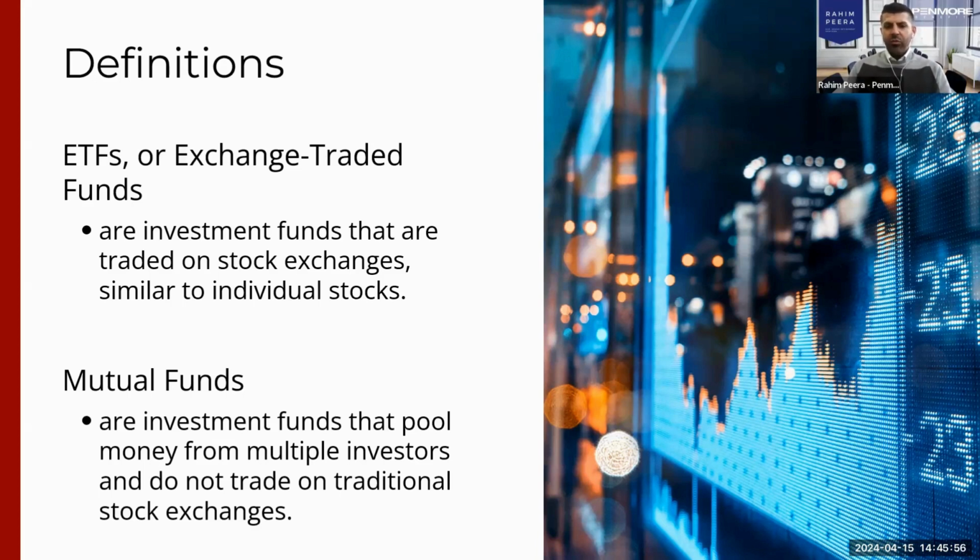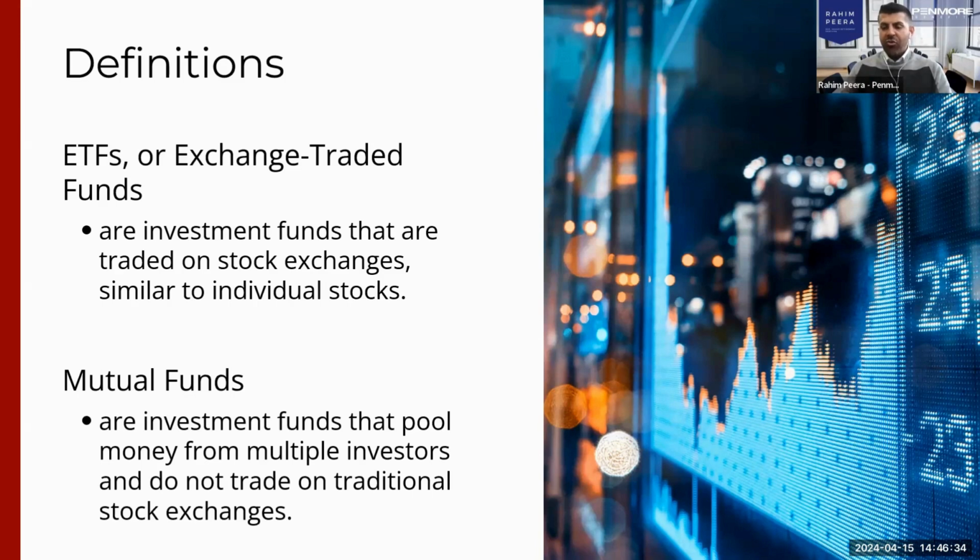So ETFs, as you said, or exchange traded funds, are not very different from your traditional mutual fund. An exchange traded fund holds investment options, whether individual stocks or individual bonds. The only difference is it's pooled together and traded on an exchange, whereas mutual funds are similar investment pools, where you have a myriad of stocks and bonds under one pool, and are traded directly through a mutual fund company.